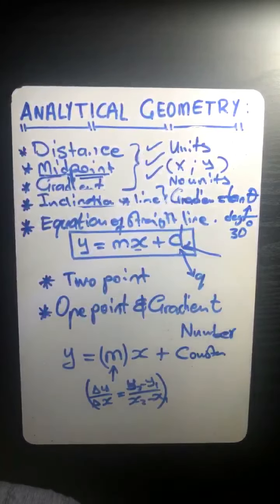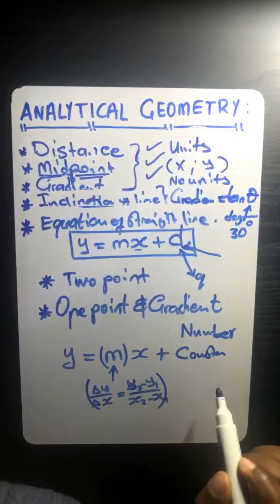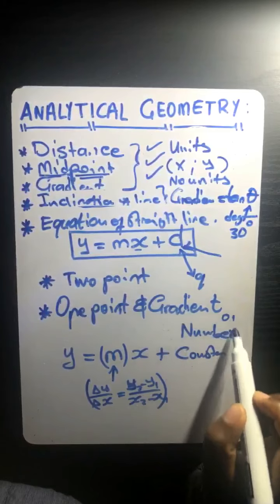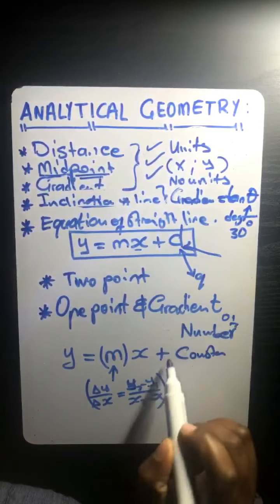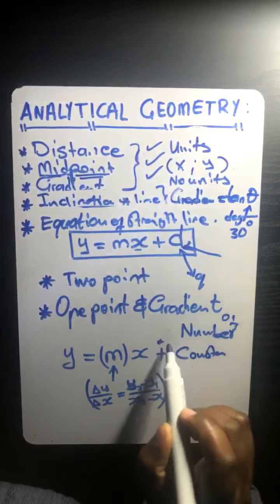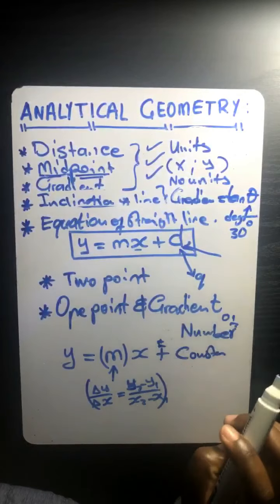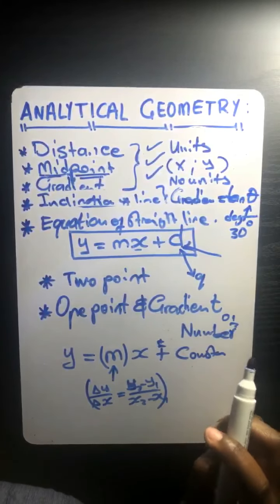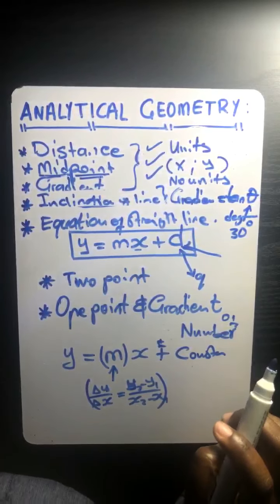It is just a number. A number could be 0, 1, 2, 3, whatever. This sign could be positive or negative. It all depends on multiple factors, of which when I do a lesson for straight lines, I will explain all of those.